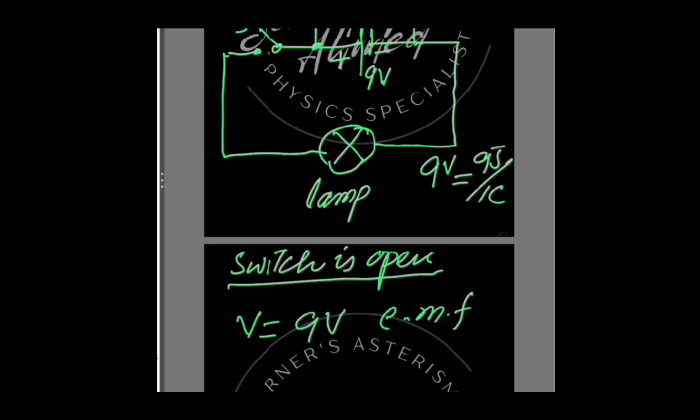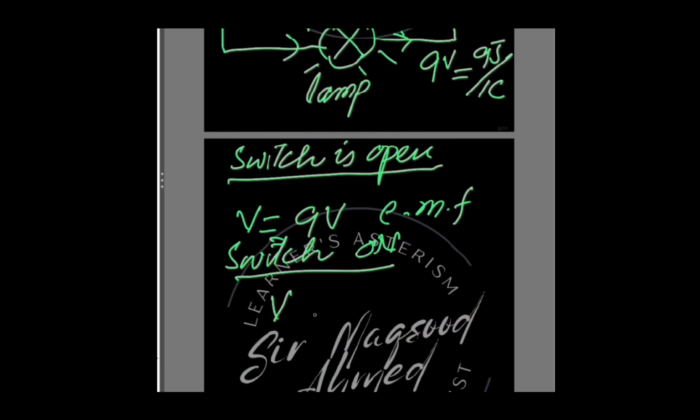But as we close the switch S and current passes in the circuit, our bulb lamp lights up. Now if we look at the reading of the voltmeter, when switch is on, voltmeter reading is less than 9 volt. The voltmeter reading dropped from 9 volt.